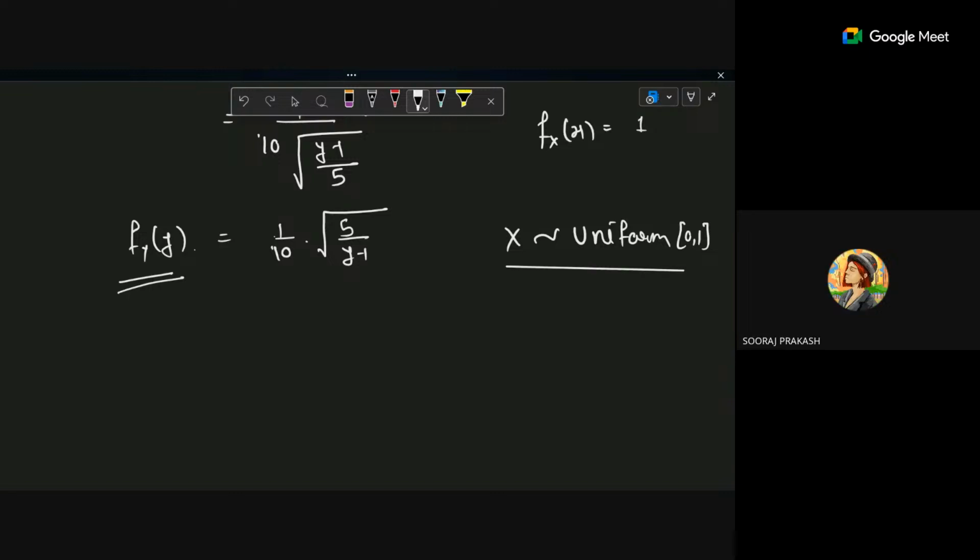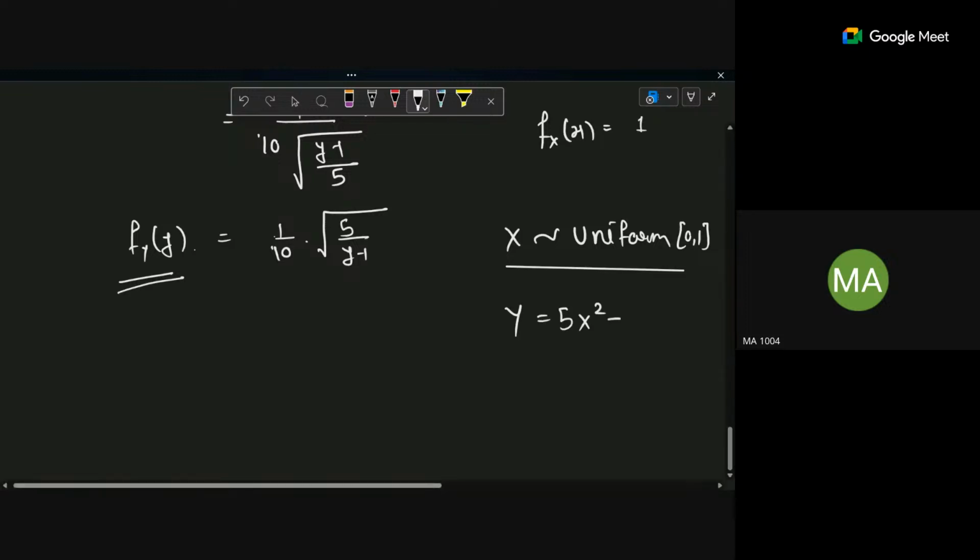Uniform, normal, exponential, this kind. Here the range of y changes, right? What will be the range of y? That is also a good question. If it is 5x square plus 1, what will be the range? 2 to infinity, it's a continuous function, right?